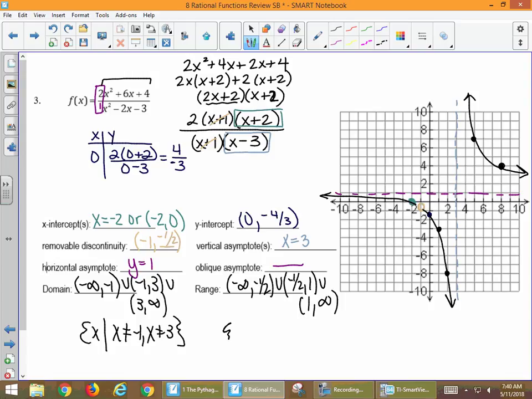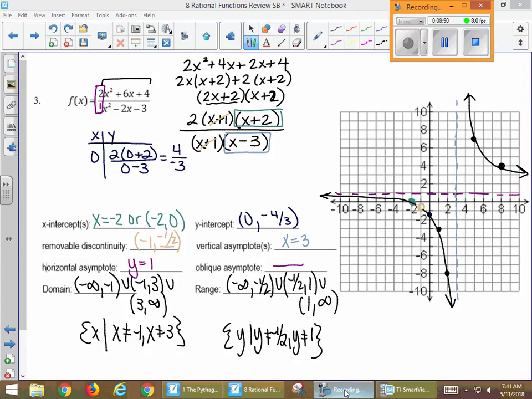And that in set notation, y such that y cannot equal -1/2, y cannot equal 1. Lean on your calculator as much as you need to. Make sure that your graphs end up nice, that it matches what you see. And really, there's not much to fill in other than that. Use your calculator, graph your asymptotes. You got to know those rules pretty much now until forever. All right, that's number 3.